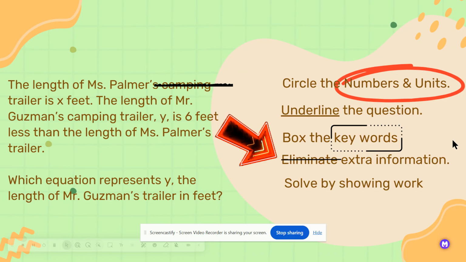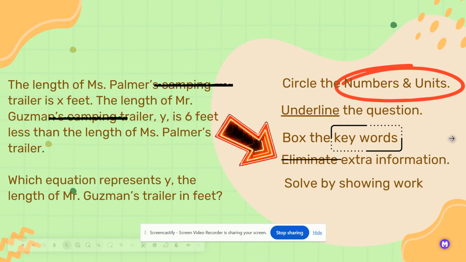A camping trailer, it doesn't matter if it's a camping trailer or a regular trailer, it's only the length of the trailer that matters. So we go ahead and get rid of the word camping, because it doesn't really matter that they are camping in this problem. Will there always be something to eliminate? No, but in this problem, we're just going to eliminate camping.